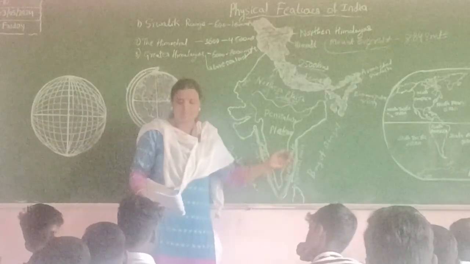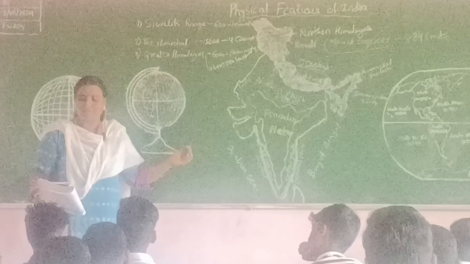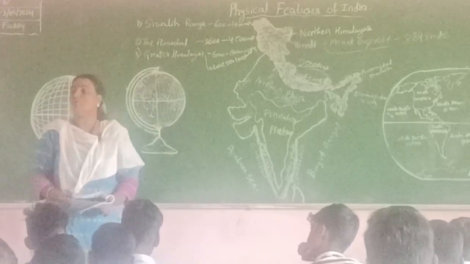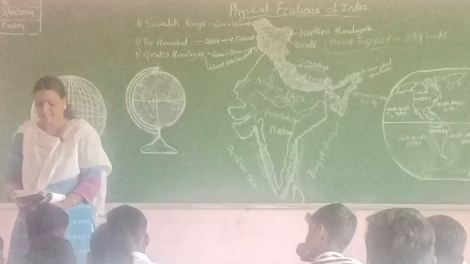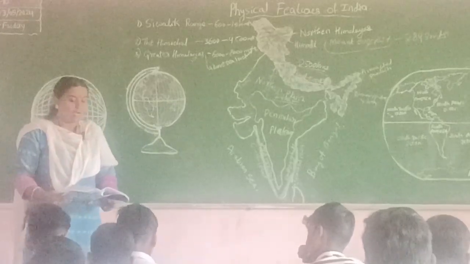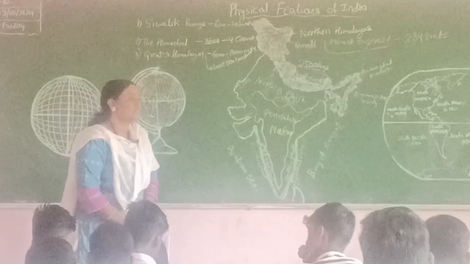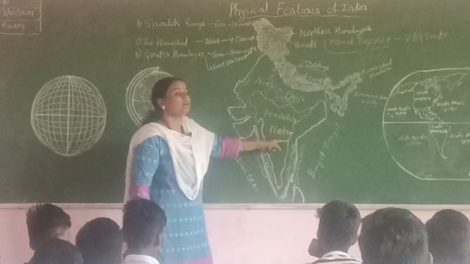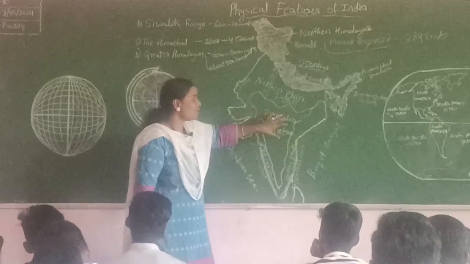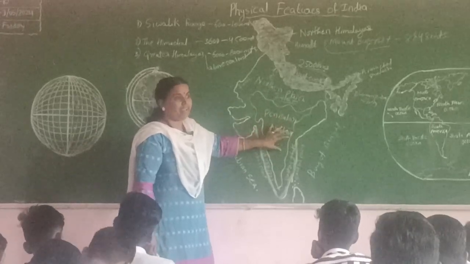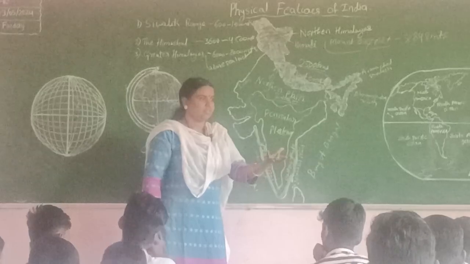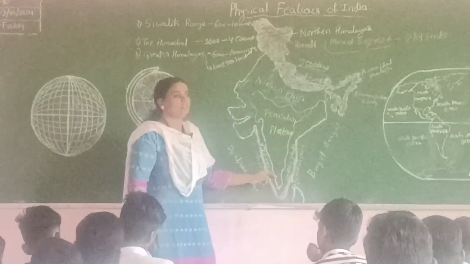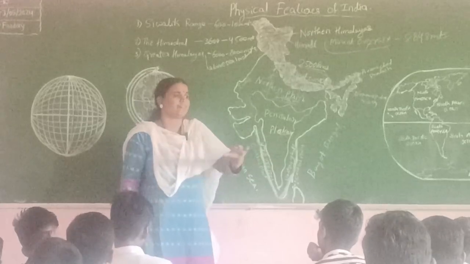The peninsular plateau is the largest physiographic division of India, and moreover, it is the most ancient place, and it is a part of the Gondwana landmass. It is also called the Gondwana land mass. It is the oldest place. When the earth was born, at that time this peninsular plateau was also born, because it is a plain surface.